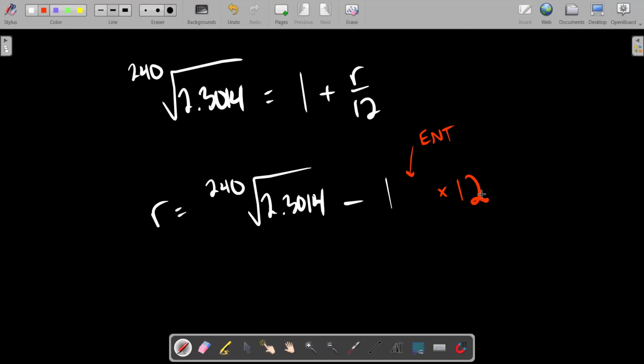Okay. So let me get caught up to you here. So I have in my calculator the 240th root of 2.3014.